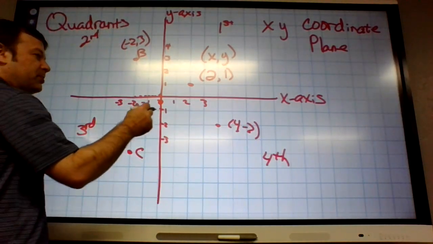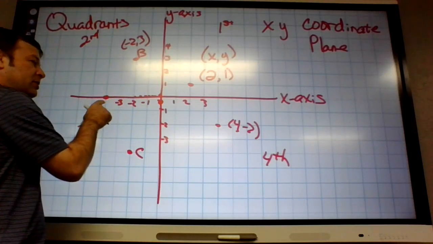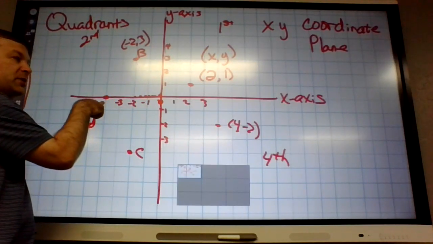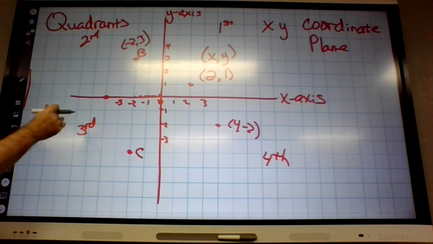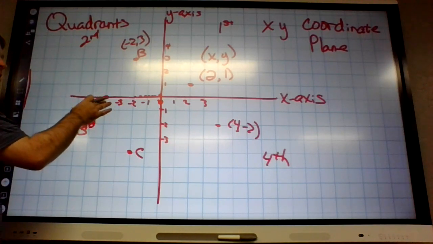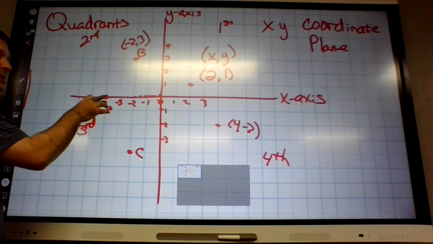Okay, this is where people get it confused. Like if I put it right there, what quadrant is that on? It's not in a quadrant. It's on the x-axis though. So people will either put -4, 0 or 0, -4. Which one should it be?